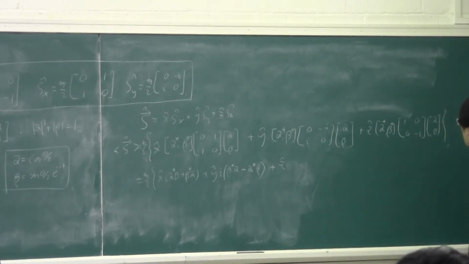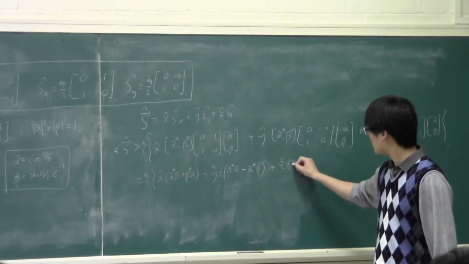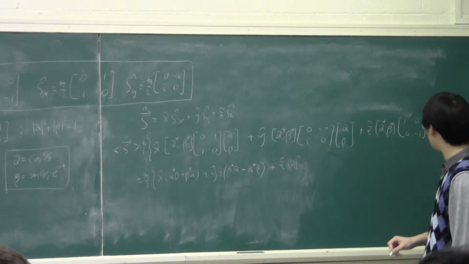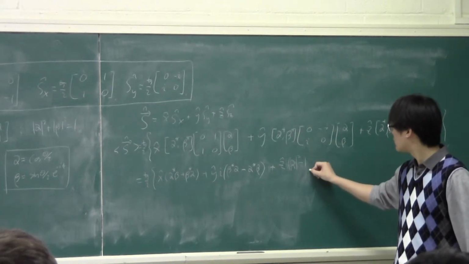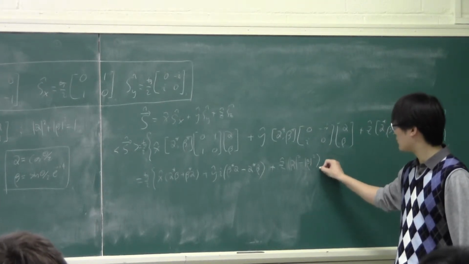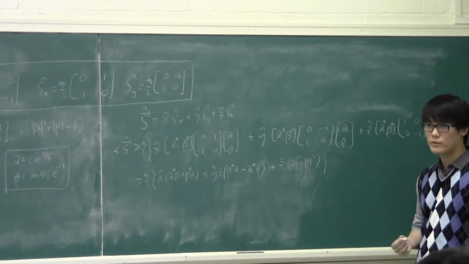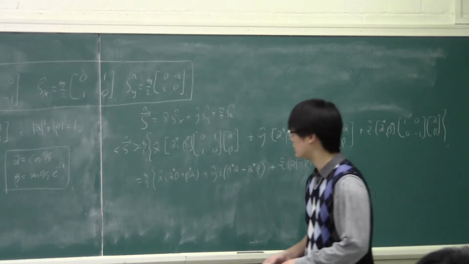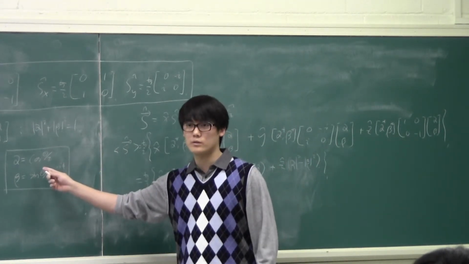For z, what do we get? This here is alpha magnitude squared, and then minus beta magnitude squared. Now you'll see why we define the half angle, because now we can combine them into full angles. The alpha, by convention, is a real number.